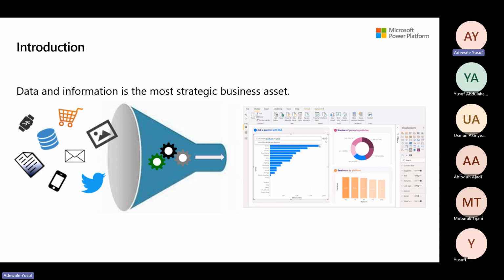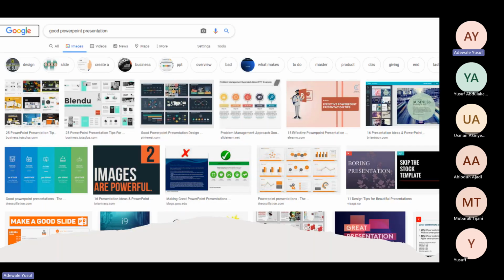So, for example, if I go to Google right now and type a good PowerPoint presentation, you'll notice that I will see different designs influenced by different people. And this is not because somebody just said, okay, let me do this design. This is probably because of the inspiration that the person building the slide had at that time. And the person just decided to design something, right?